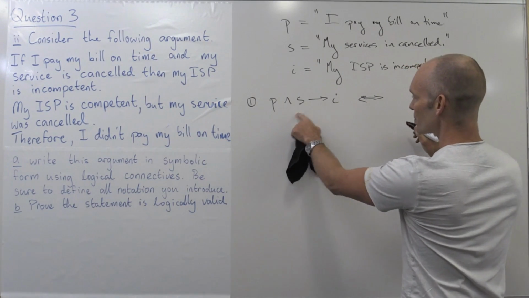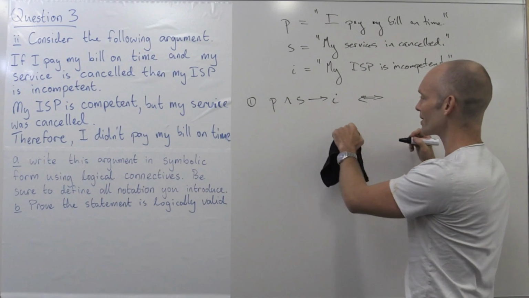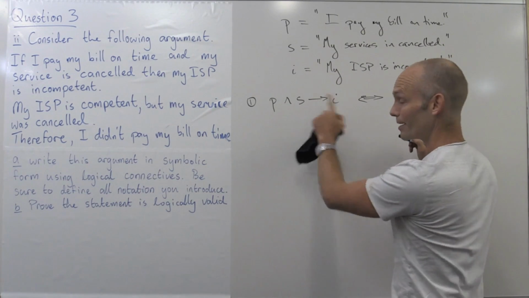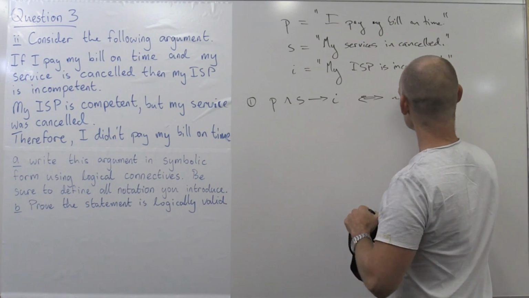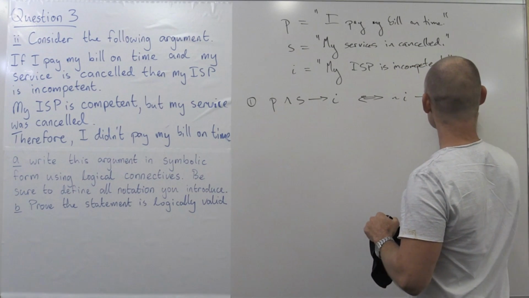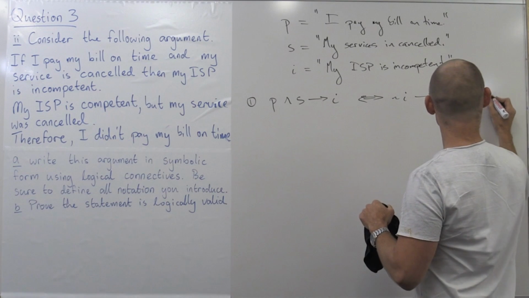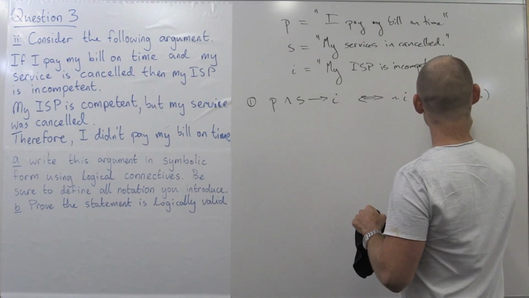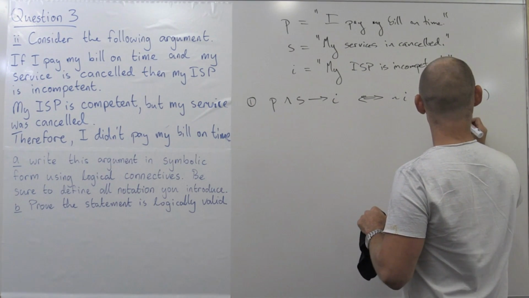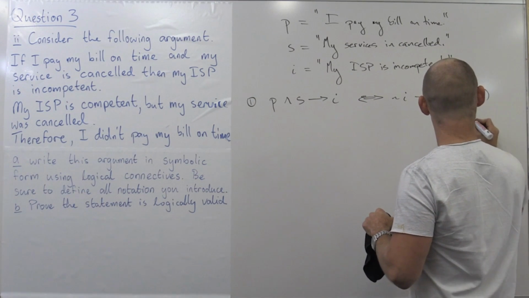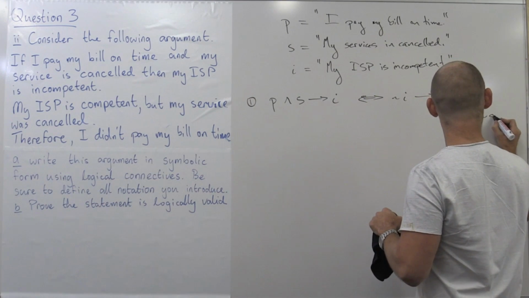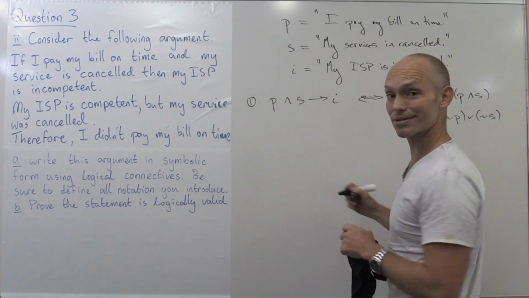So if this is true, then this is true, which is the same thing as saying, if that's not true, then that can't have been true. So not I implies not P and S, which is the same thing as not P or not S by De Morgan's law.